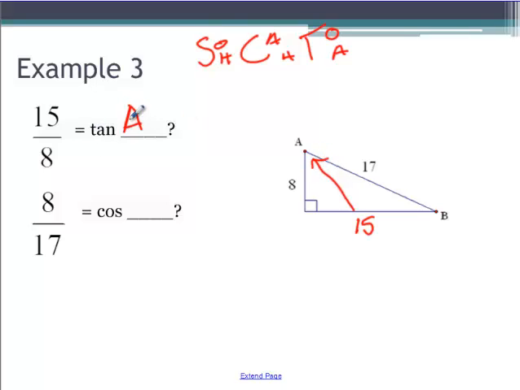So that's the tangent of A. The tangent of B would be the opposite, 8/15. 8/17 is which one for cosine, A or B? Cosine is adjacent over hypotenuse. So where is 8 my adjacent side? 8 is touching this angle. So that's the cosine of A.